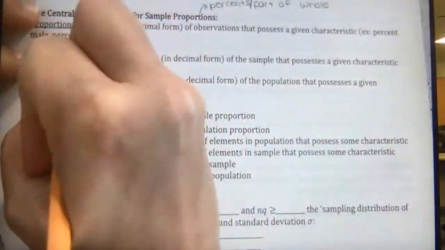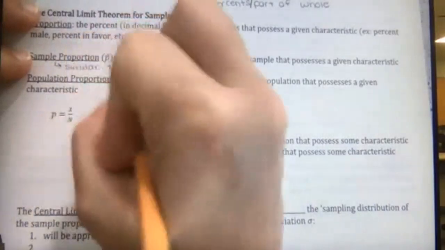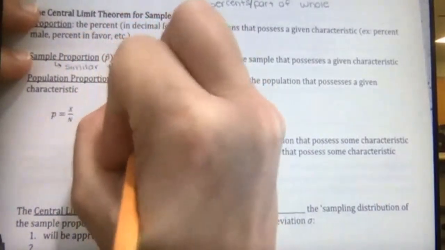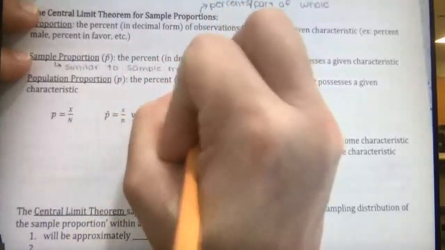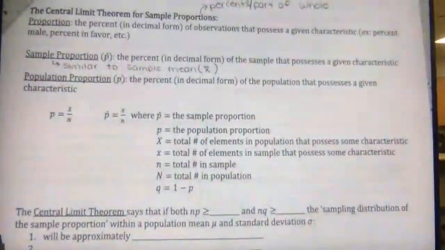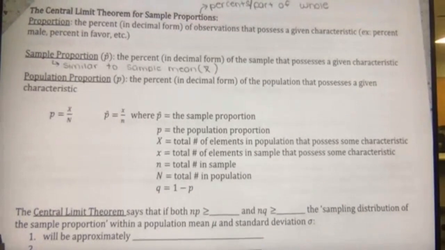So a sample proportion, which is similar to our sample mean that we've been talking about, which is X bar, is our P hat, which is the percent in decimal form of the sample that possesses the given characteristic.